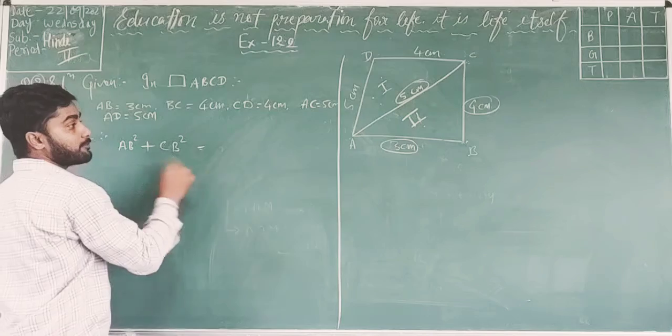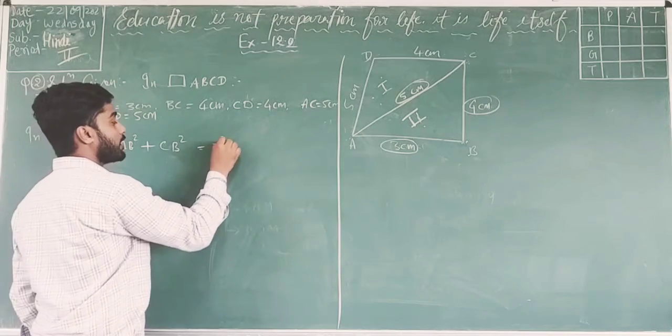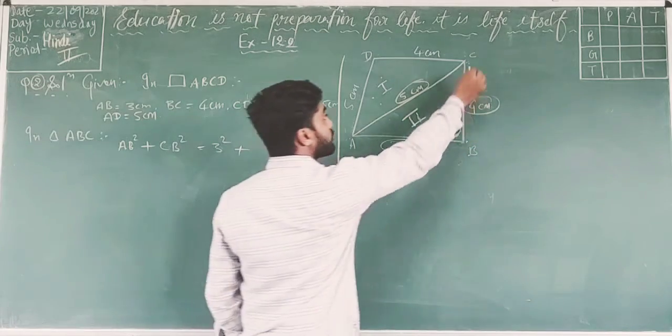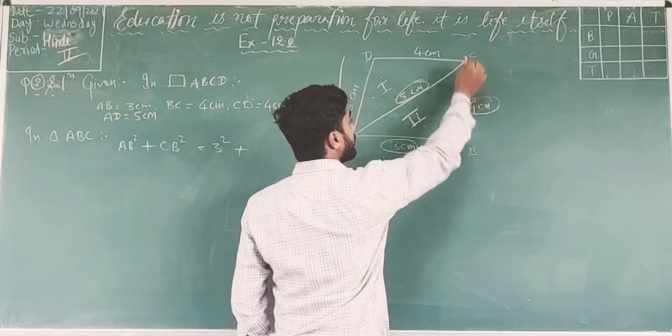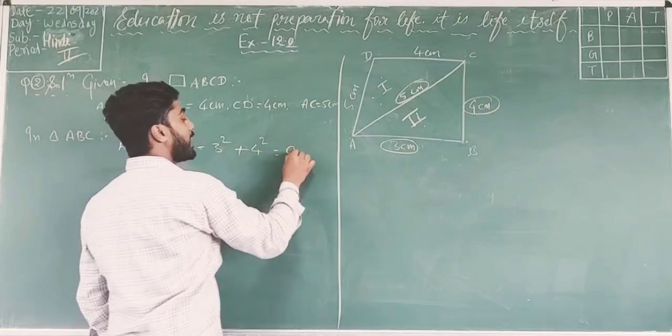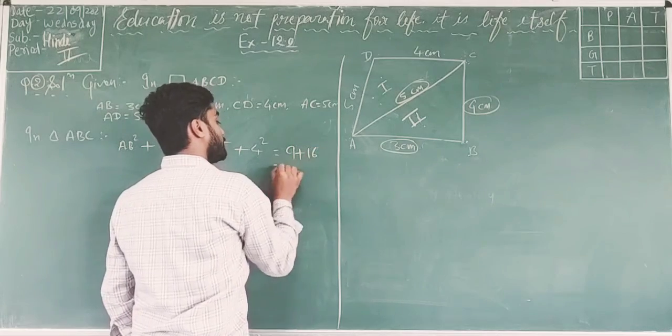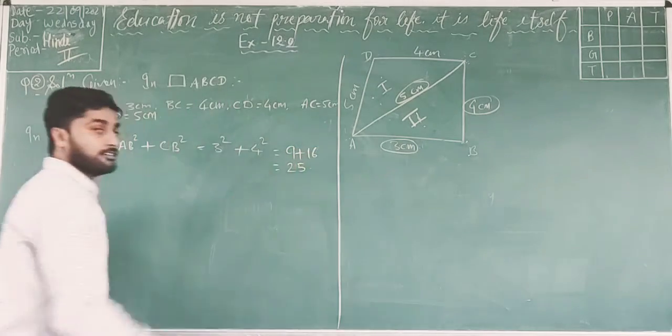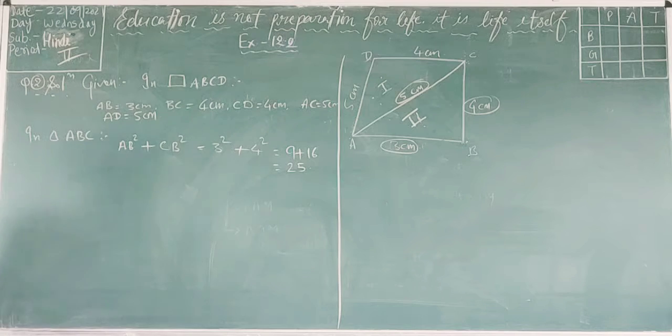That means 3 square plus 4 square, which is equal to 9 plus 16 equal to 25. Is it clear?